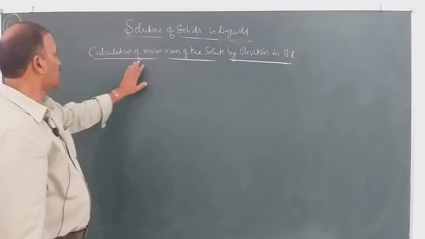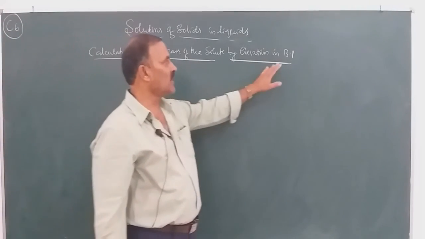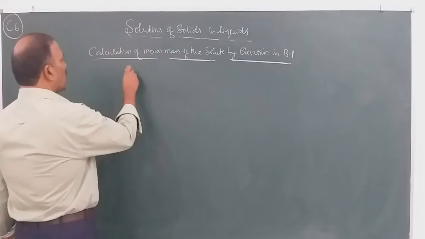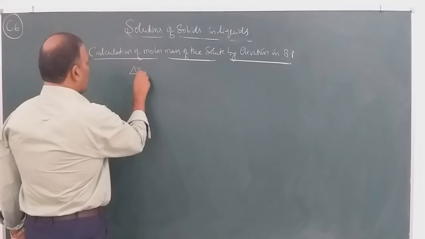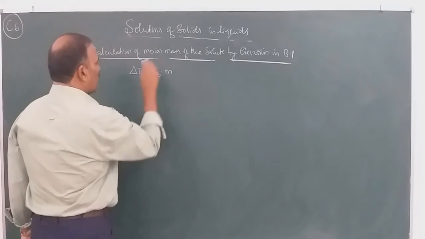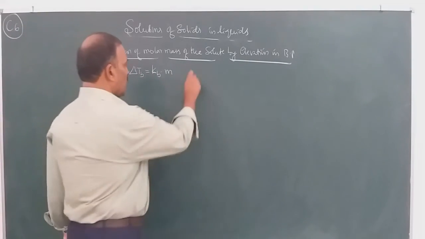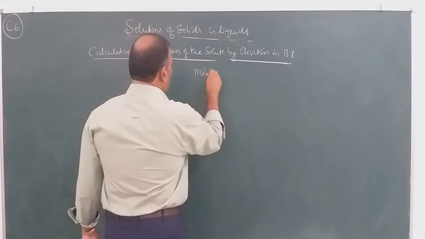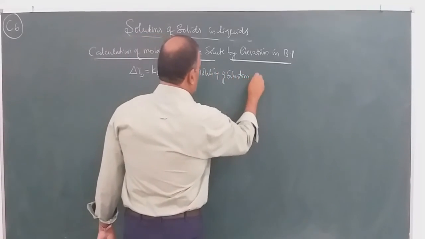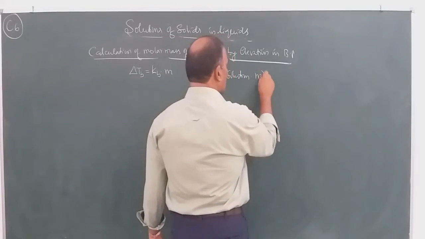Now we will study the calculation of molar mass of solute by the elevation in boiling point method. We know delta Tb is equal to Kb into m, where m is the molality of the solution. What is the formula for molality?